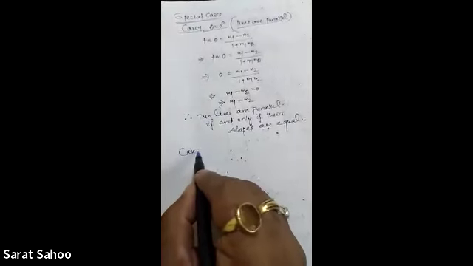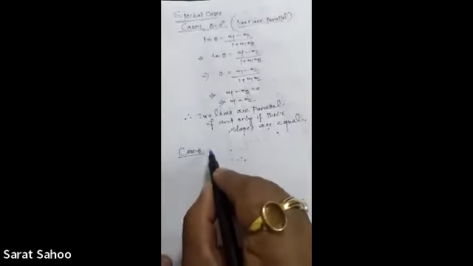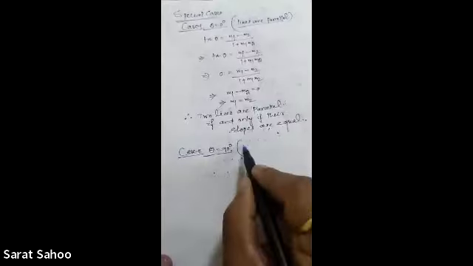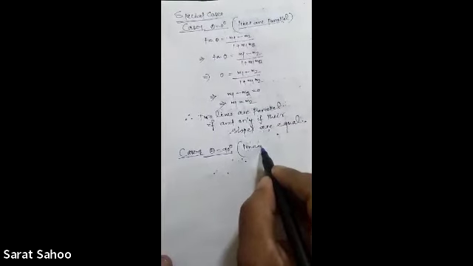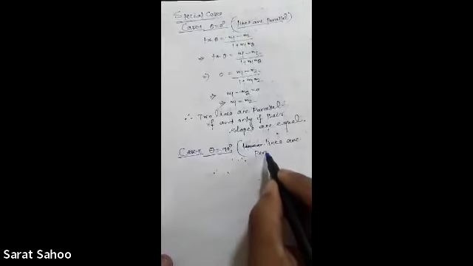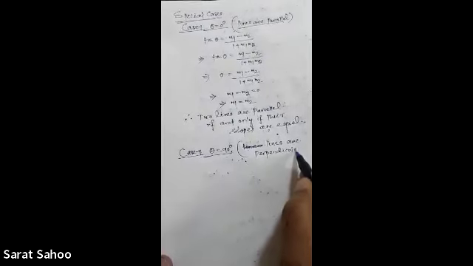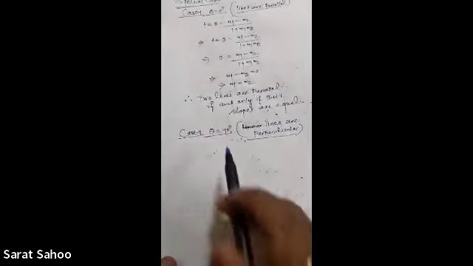Then come to case 2, theta is equal to 90 degree. Lines are perpendicular.